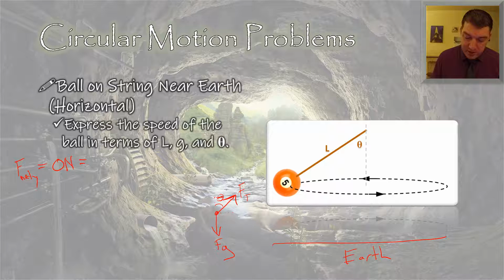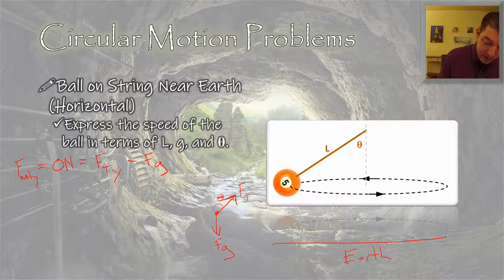The vertical force is going to be the force of tension in the y direction, positive, minus the force of gravity, or plus the negative of the force of gravity. This theta is between the vertical. So the force of tension in the y direction is actually going to be the force of tension times cosine theta.